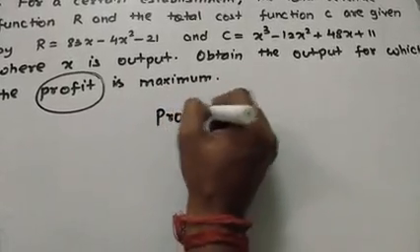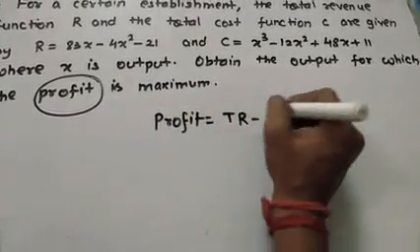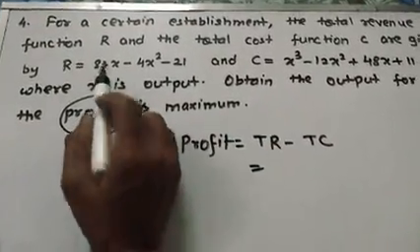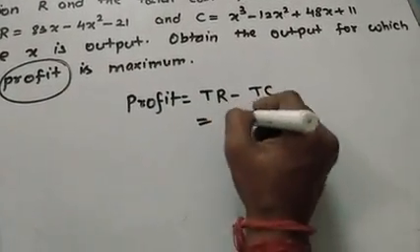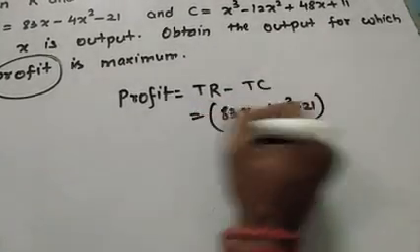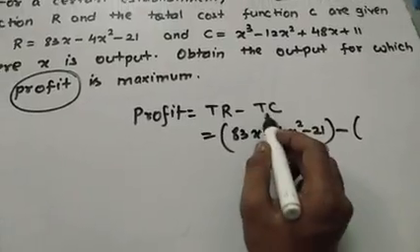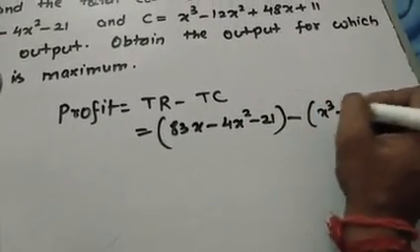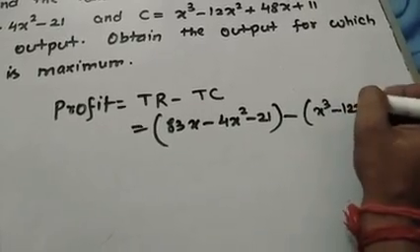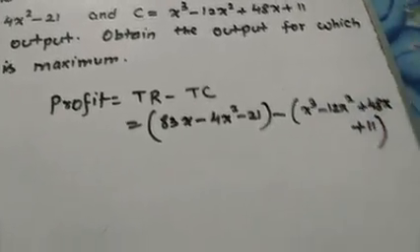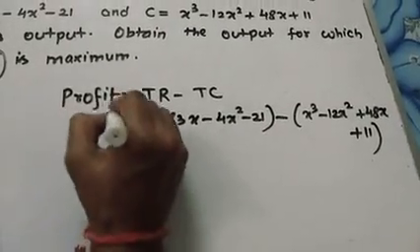Use the formula profit equals total revenue minus total cost. Total revenue is 83x minus 4x square minus 21, in bracket, minus total cost, in bracket, x cube minus 12x square plus 48x plus 11.